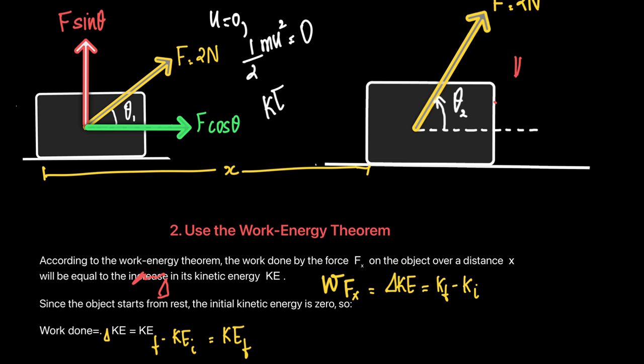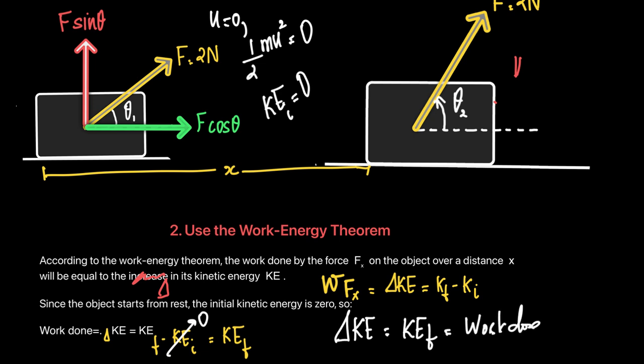Therefore, the initial kinetic energy is equal to 0, which means the change in kinetic energy would be Kf minus Ki, and this Ki is now equal to 0. Therefore, delta KE is just equal to the final kinetic energy, which is nothing but the work done. I hope the way we are arriving at these steps is clear.